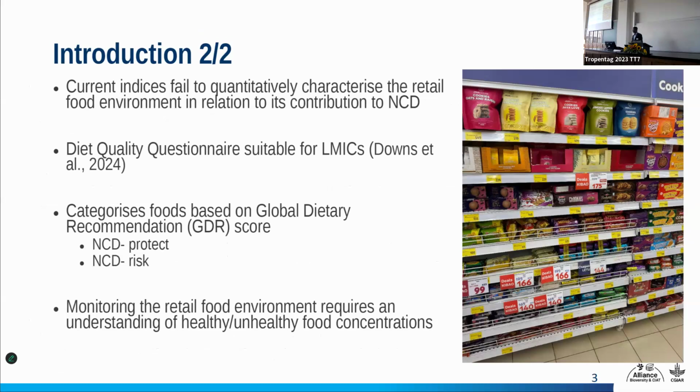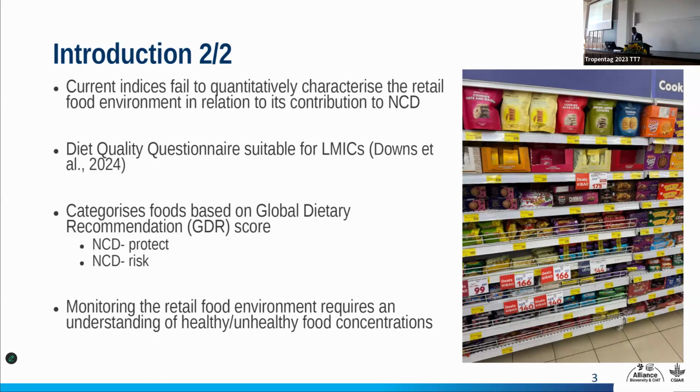Recently there is a tool called the Diet Quality Questionnaire, which has been tested and found suitable for use in low and middle income countries. This tool is composed of 3 indices. It has the Global Dietary Recommendations, which is the GDR score. It also has NCD Protect, which measures availability of healthy food groups which can protect against non-communicable diseases, and NCD Risk, which measures the availability of unhealthy food groups in their contribution to NCD risk.